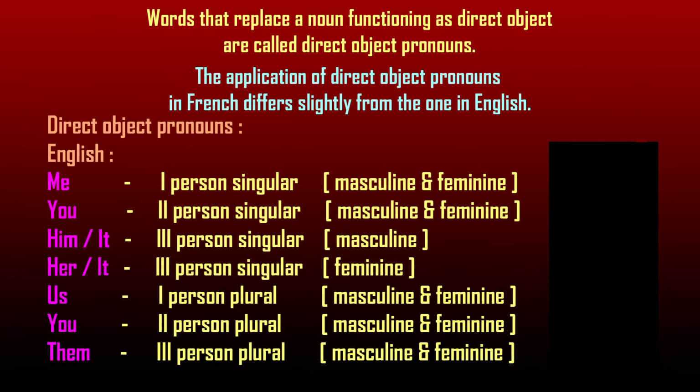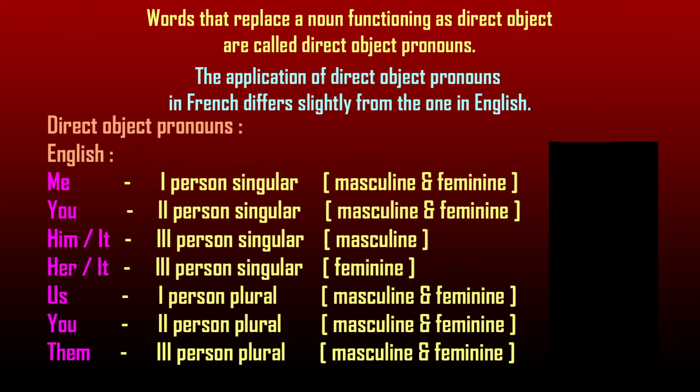Direct object personal pronouns in English are me, that is first person singular masculine or feminine; you, second person singular masculine or feminine; him or it, third person singular masculine; her or it, third person singular feminine; us, first person plural, both for masculine and feminine; you, second person plural, both for masculine and feminine; them, third person plural, masculine and feminine.